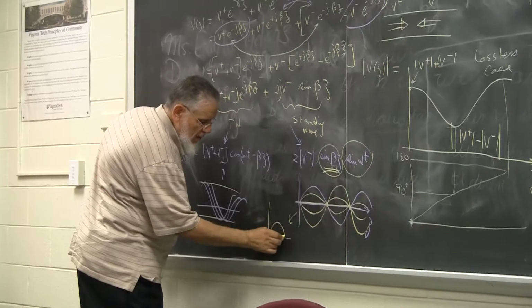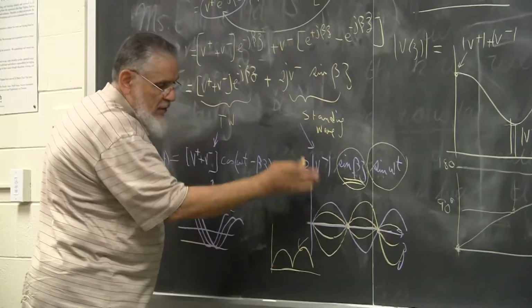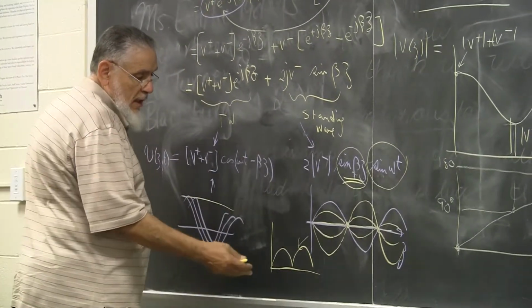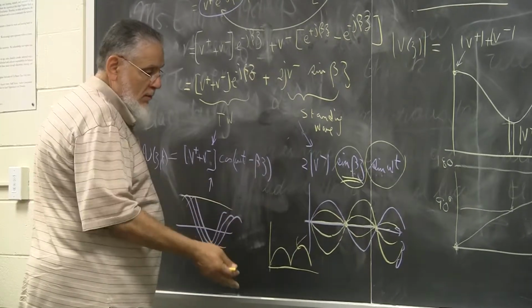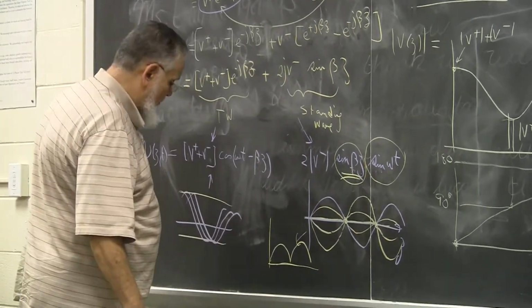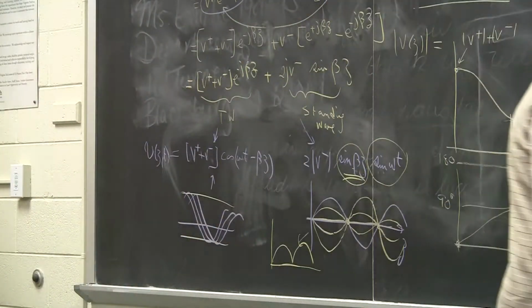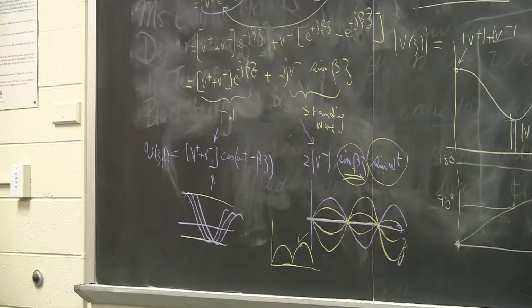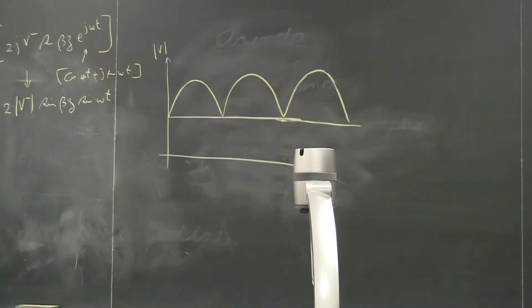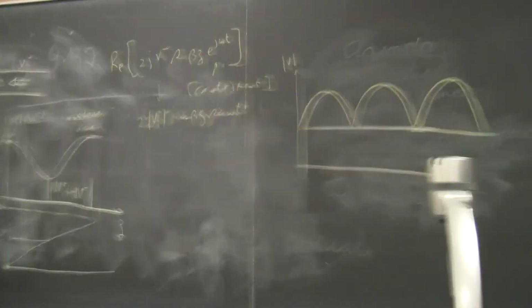Magnitudes will be like this, right? No negatives, you fold everything up. And time doesn't play a factor here because I'm talking about the magnitude of the phase. So the magnitude of that's constant, and the magnitude of this is sinusoid. So that's what you end up with. So this is really the picture that we're seeing here.